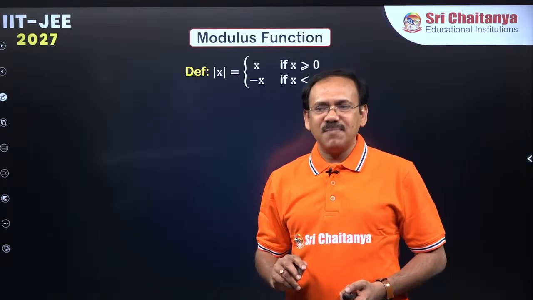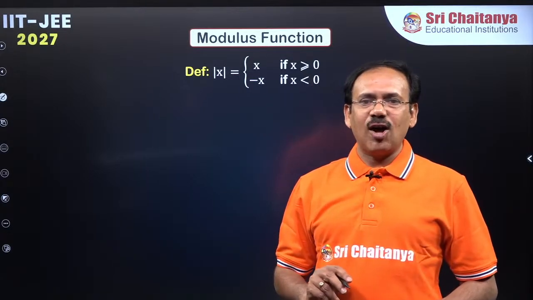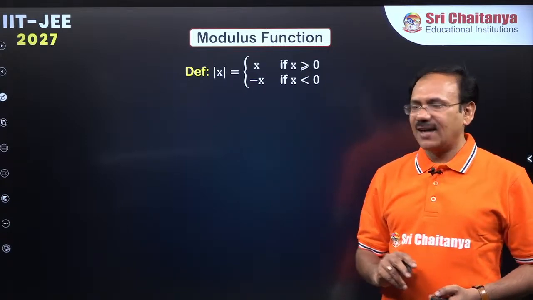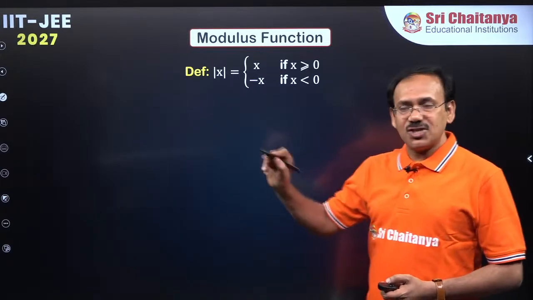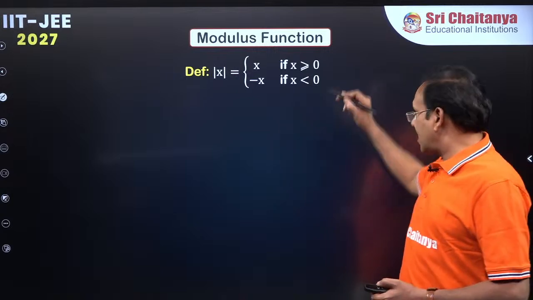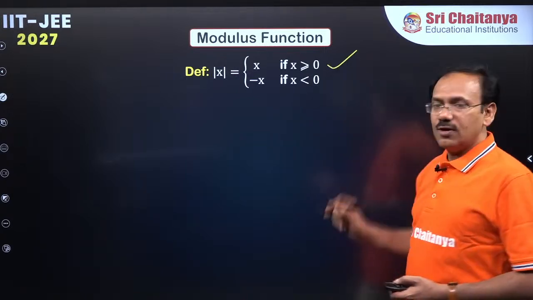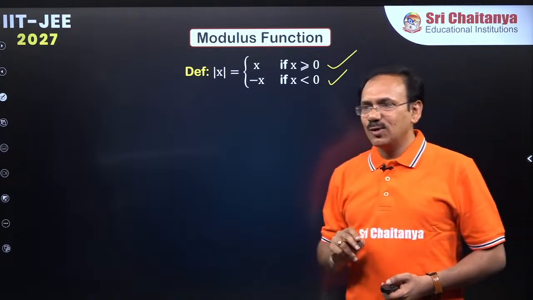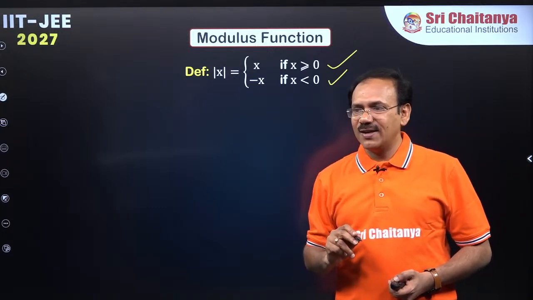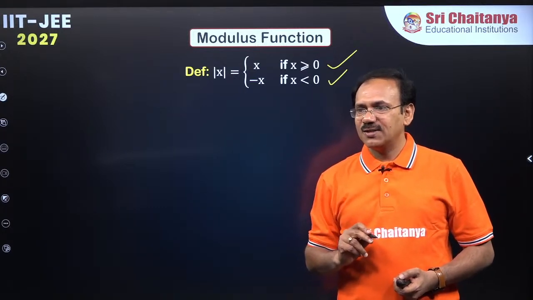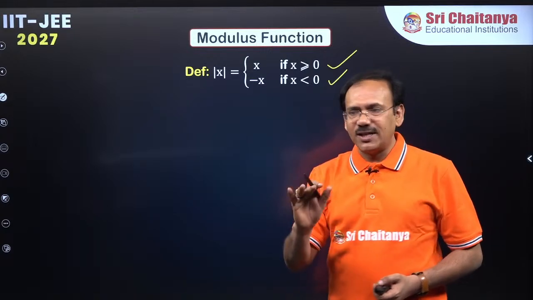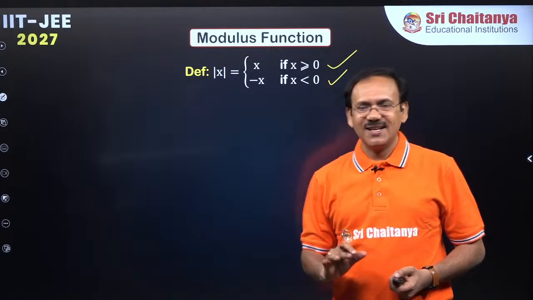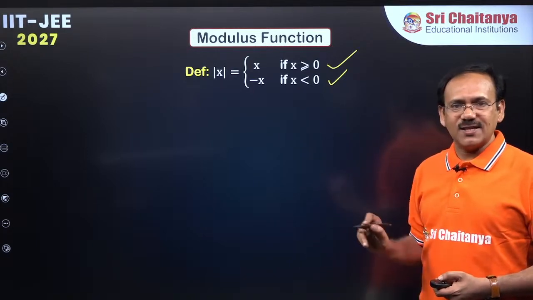So mod x is defined as x if x is greater than or equal to 0, and minus x if x is less than 0. Be positive, that is fine, but the modulus function says be non-negative, right dear students? Its definition I gave yesterday.